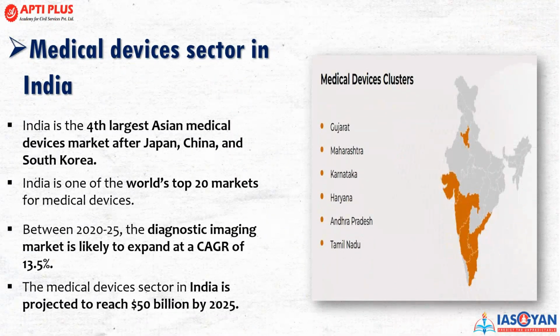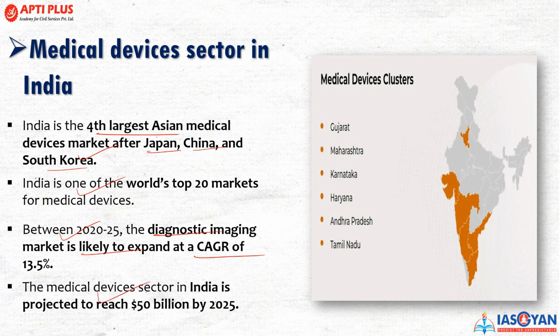Now, if you see the medical devices sector in India, its length and breadth is vast. India is the fourth largest Asian country in terms of medical market, followed by Japan, China, and South Korea. India is one of the world's top markets in terms of medical devices, and the diagnostic imaging market is going to expand by 13.5% CAGR till 2025.